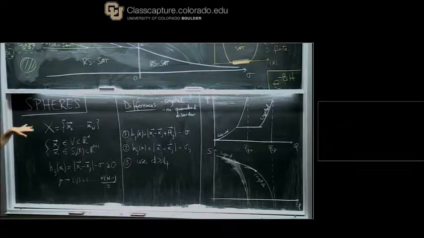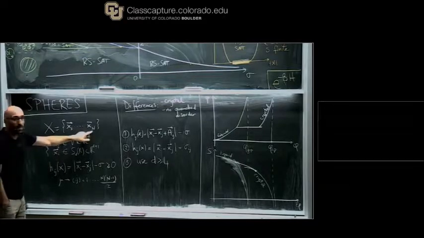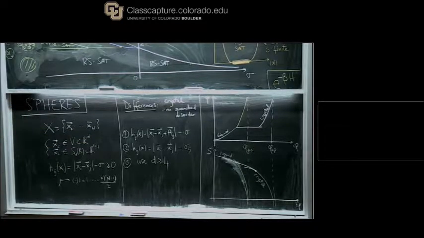Now, we discussed the analogy with spheres, and we said that I can formulate the sphere problem in a very similar way as the perceptron problem. Now, my variables are n points in a d-dimensional space.